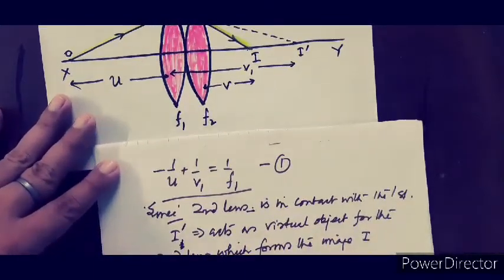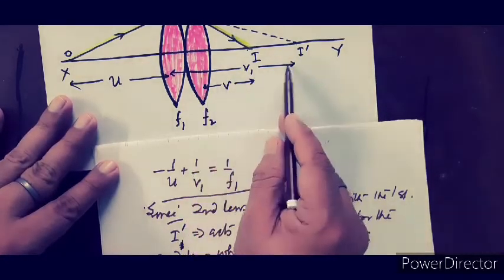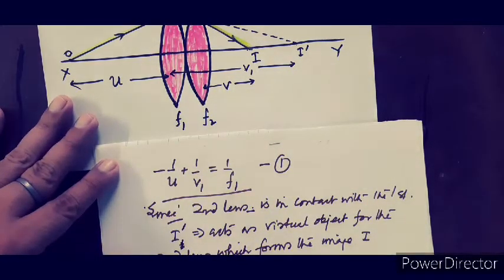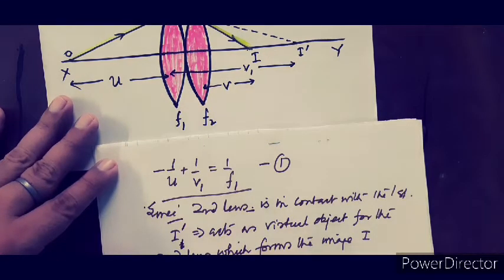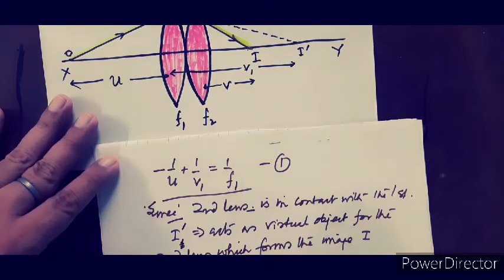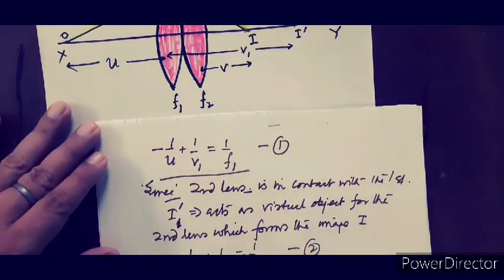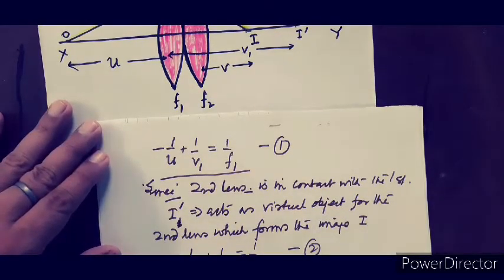So in this particular case, minus 1 by V1, where V1 here is the object distance, plus 1 by V is equal to 1 by F2, with the sign convention I have used. Thin lens formula: minus 1 by V1 plus 1 by V is equal to 1 by F2.